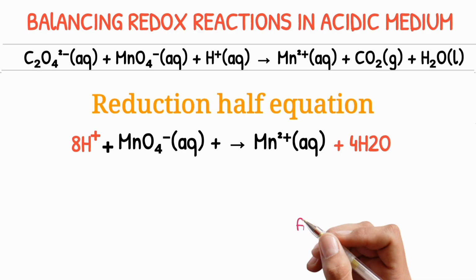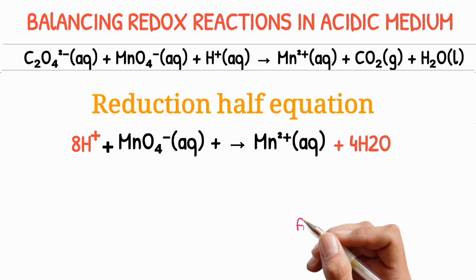So 4 times 2 will give us 8. So we are going to add 8 hydrogen ions on the left hand side, and everything is balanced. Let's cross check. We have 8 hydrogen ions on the left hand side, and we equally have 8 hydrogens on the right hand side.